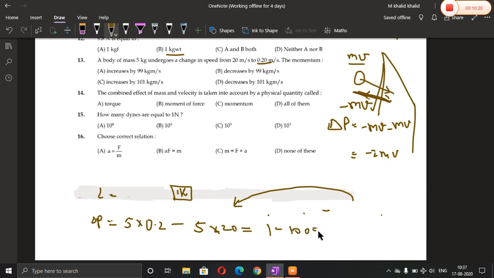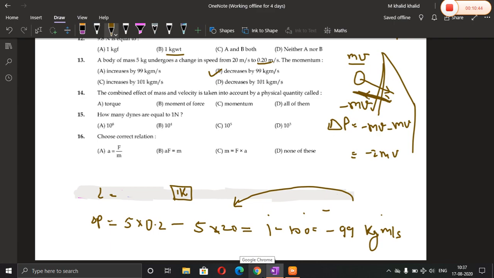So the change in momentum is minus 99 kilogram meter per second. Minus 99 means the momentum has decreased by 99 kilogram meter per second. So our answer will be B.